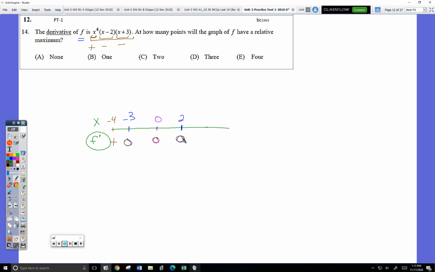So you put a point between negative 3 and 0. Which point do you want? Negative 1. When we did it for your class, we would have had 3 rows that we were testing. Now we just test them as a group. So if you plug in negative 1 into this factor of f prime, is the result positive or negative? Positive. If you put negative 1 into this factor?